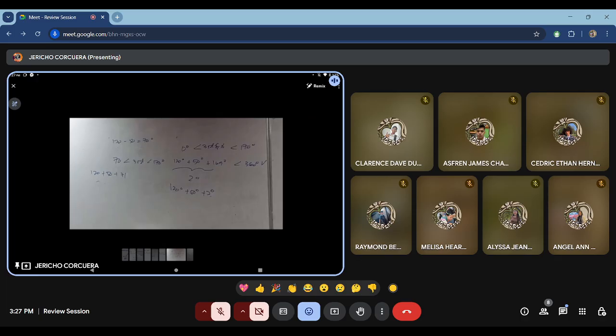So this is the concept of inequality. The two face angles are 120 and 50. If we add them, that should be greater than the third. So we must first look for the measure of the third face angle. If you look into the solution, the third angle must lie between 70 and 170 degrees.